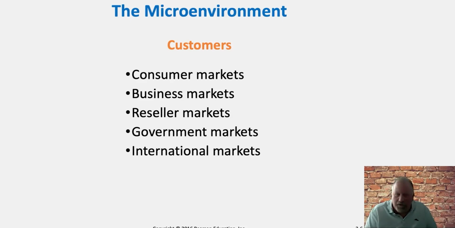We have government markets. One of the biggest areas we sell to in the United States for many firms is the federal government. So companies have to set up contracting mechanisms to sell to our US federal government and our state governments and local governments in the United States. And they have to follow the policies and procedures in order to sell to those markets that oftentimes are very complex.